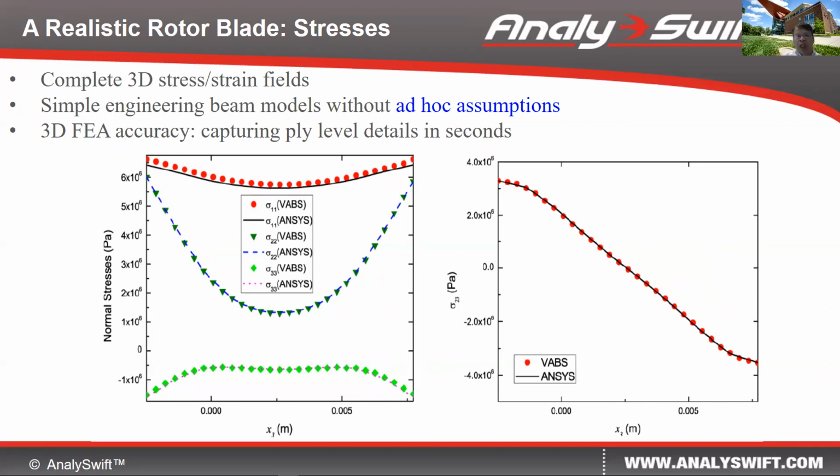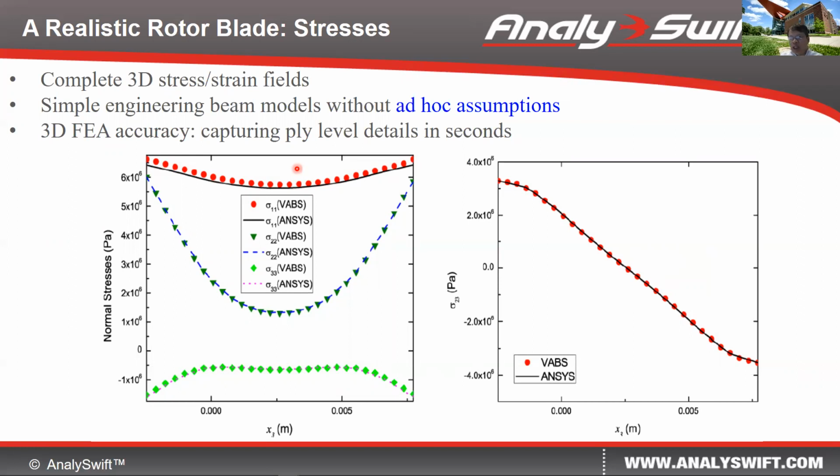And we have the capability to compute the complete 3D stress and strain fields and still use simple engineering beam models like the Euler-Bernoulli model and Timoshenko model, without the associated assumptions. We can achieve this 3D FEA accuracy and capture ply level details in seconds.